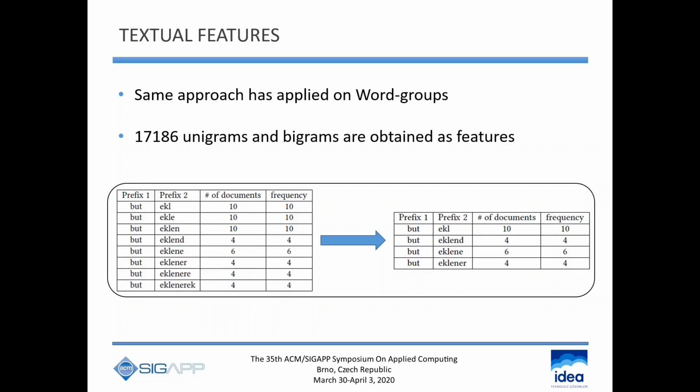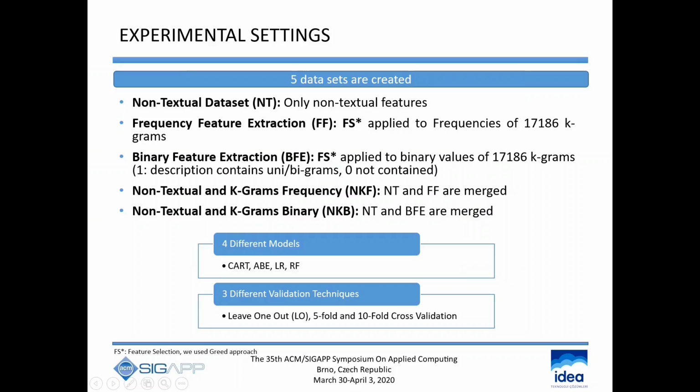When they are in the same number of documents and have the same frequency, we take the simplest one, as we did with single words. At the end of this process, 17,186 features are obtained.